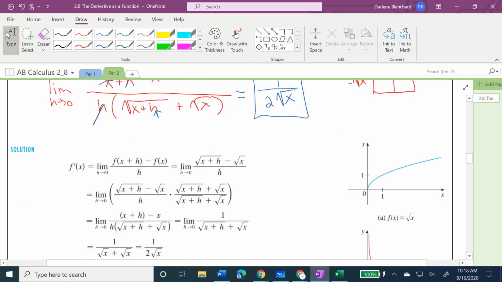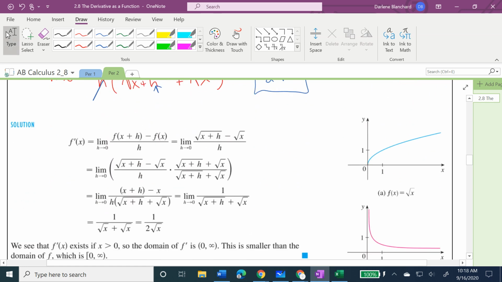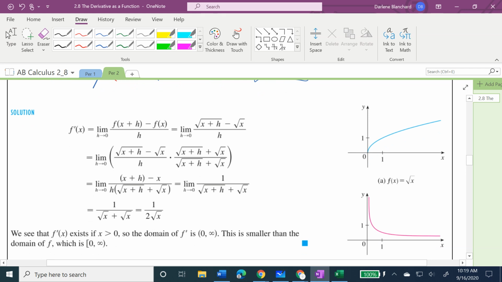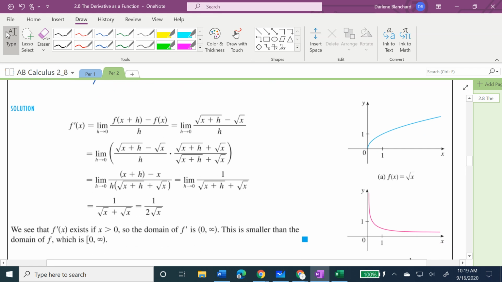I pasted onto here what your textbook does, and I forgot to mention the domain issue that it also asked for. The original function root x, you know the domain is 0 to infinity, inclusive of 0.